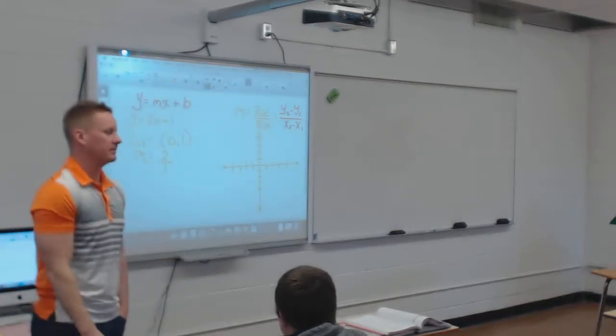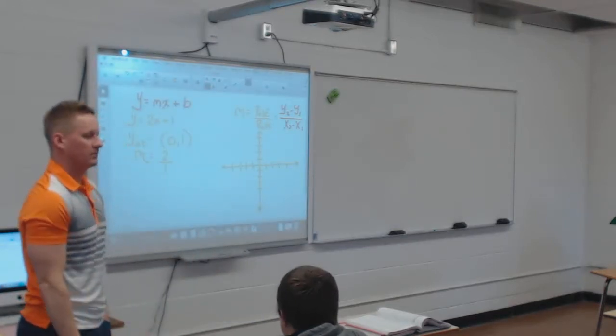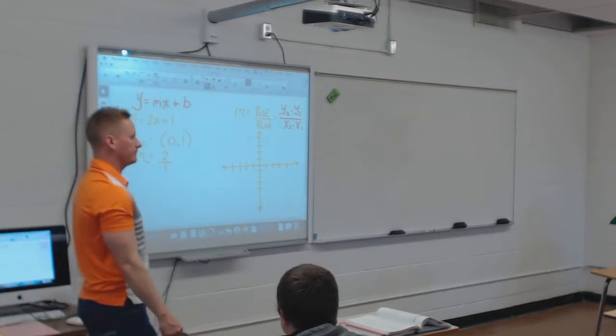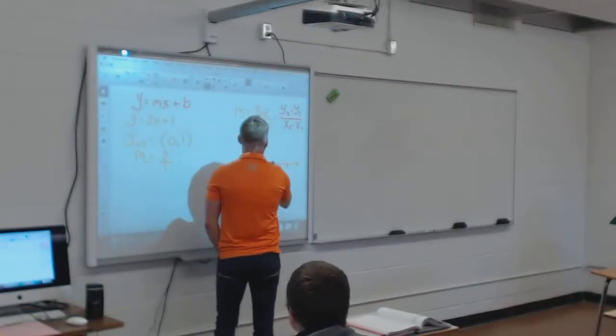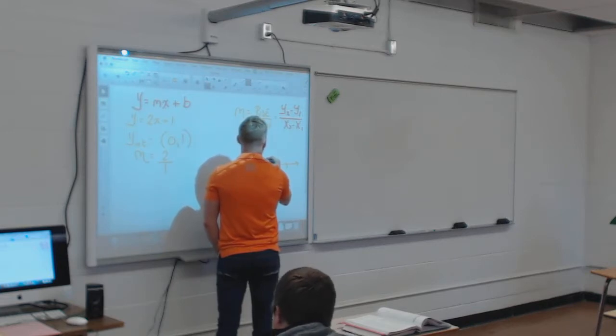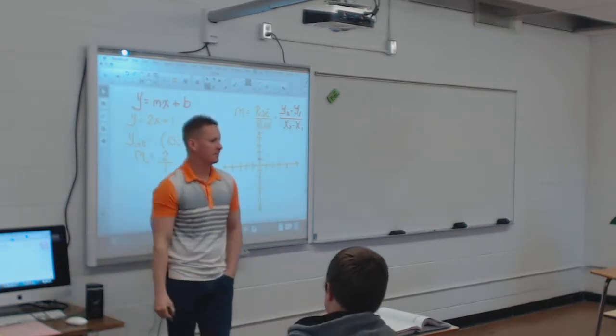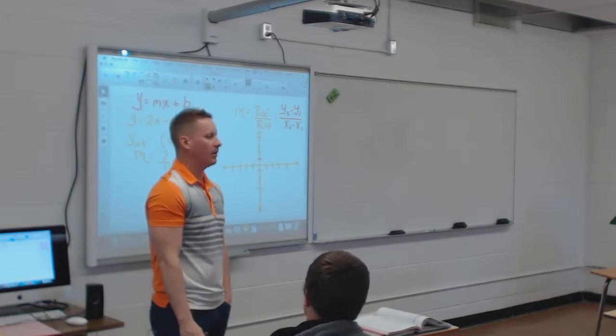What was my starting point? 0 and 1. So 0 is along this axis. My y value is 1. Where does my map tell me to go?